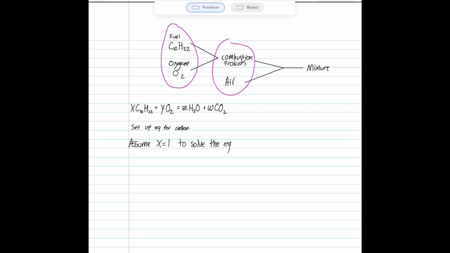So we need to set up an equation for carbon to balance it and assume that x equals 1 to solve this equation. So then we plug in 1 for x, and we have 10 carbons associated with x. And on the right-hand side, on the right of the equation on the bottom, we have only one carbon associated with the W, and that gives us W equals 10.